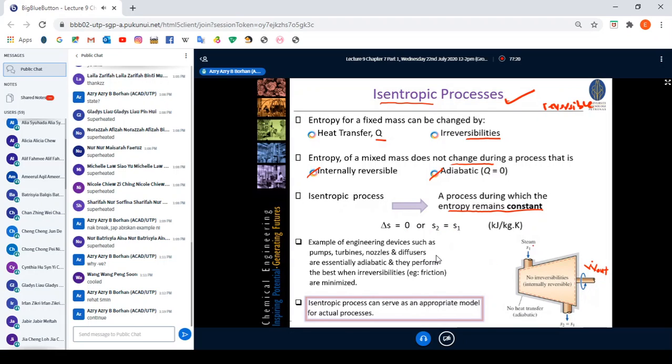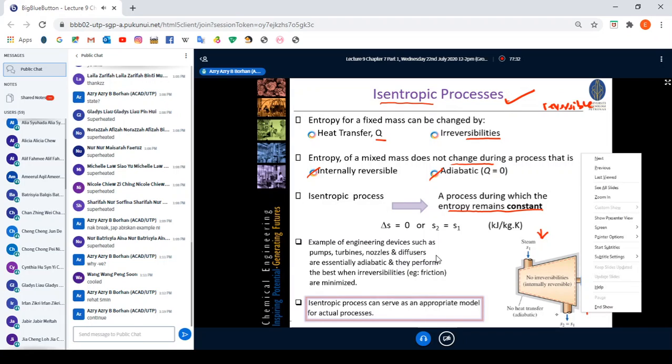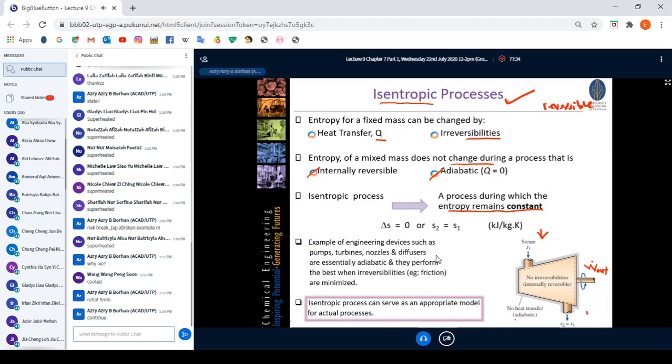So here, let's say steam entering this turbine has a value of S1. At the outlet, normally you have a mixture of water and steam. This mixture must share the same entropy value as the initial state of the steam.